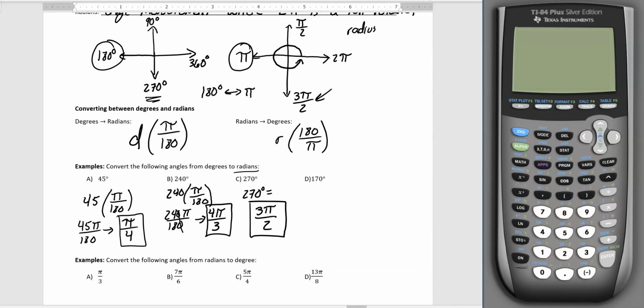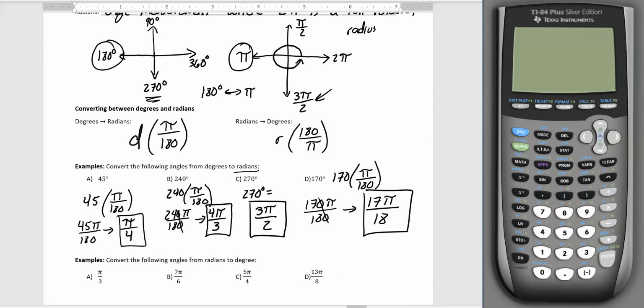And finally, if we have 170 degrees, I would say 170 times pi over 180. That would become 170 pi over 180. I can get rid of those zeros, and the farthest I can simplify this is just 17 pi over 18. So that's converting from degrees to radians.